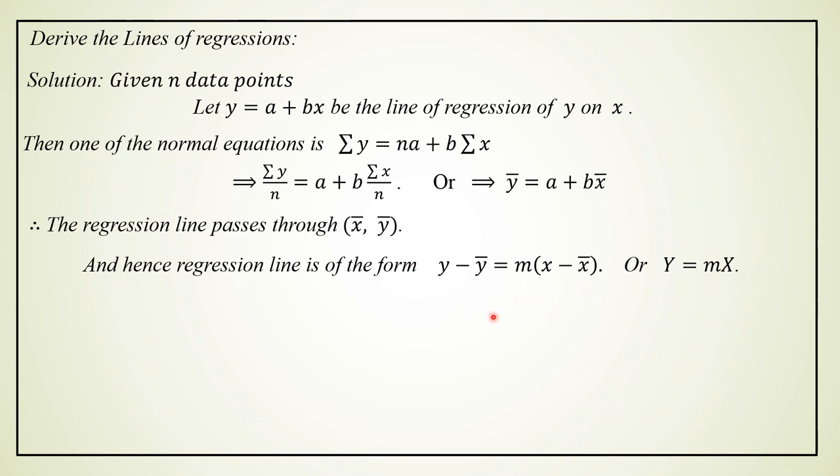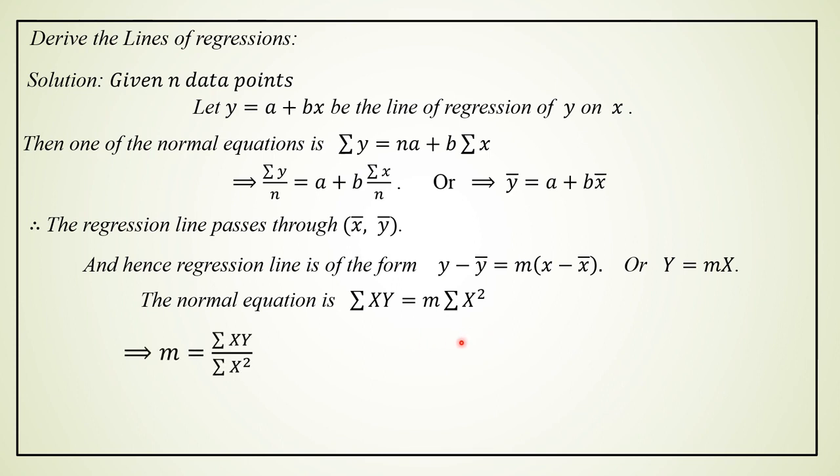Let me consider y minus y bar as capital Y and x minus x bar as capital X. So you have the equation of the form Y is equal to m into X. The normal equation of Y is equal to mX is summation of XY is equal to m into summation of X square. From this equation, m is summation of XY divided by summation of X square.